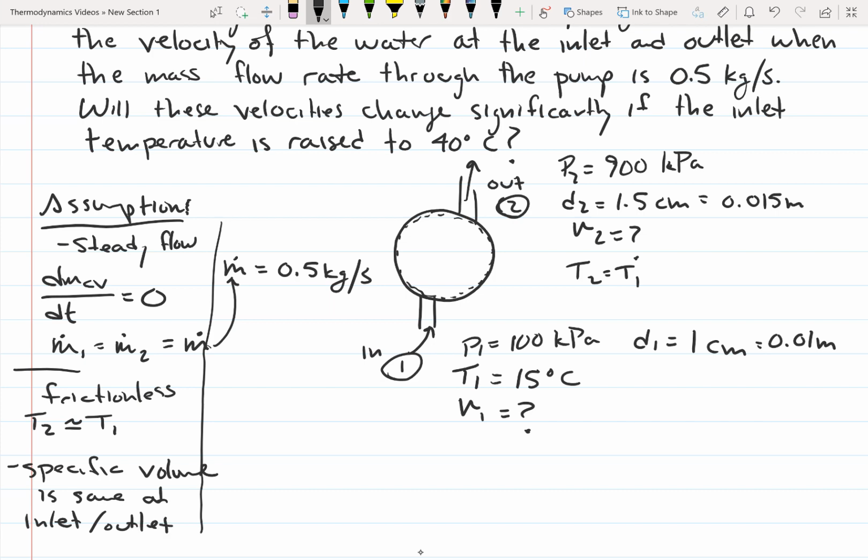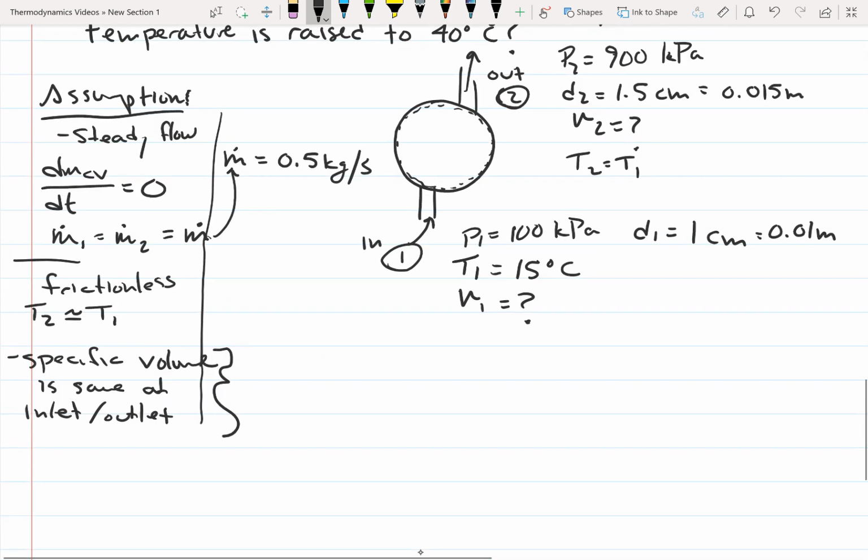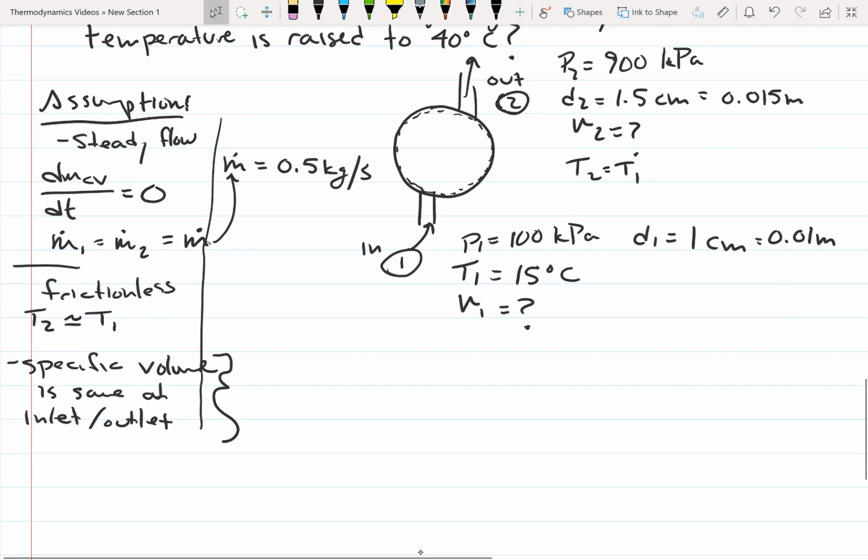So the reason why we can make this assumption is because let's figure out what phase our water is in. So we have H2O, and if we look at the inlet, it tells us that the temperature of the water is 15 degrees Celsius and the pressure is 100 kilopascals.